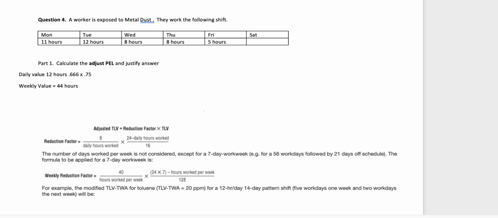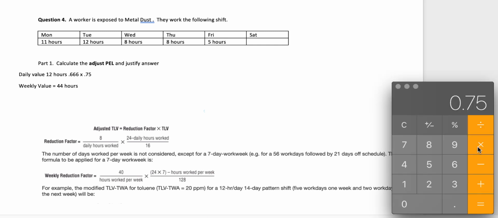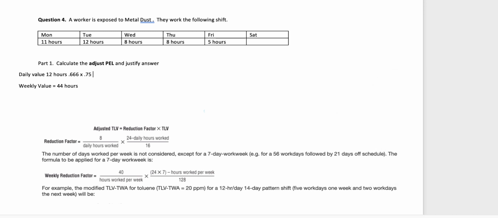And when I multiply that by the first part of the equation, I get a reduction factor of 0.4995.